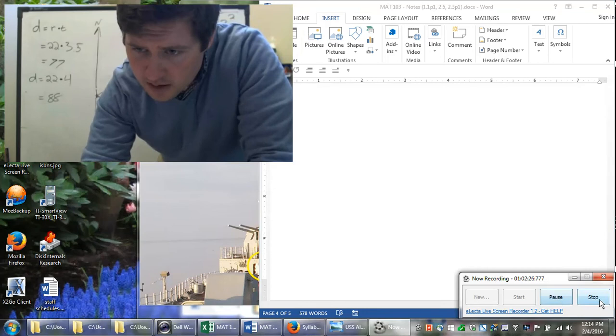Okay, so from that, how do we figure out the last leg? Again, we use that Pythagorean theorem. A squared plus b squared has to equal our unknown side squared. So we'll do 77 squared plus 88 squared has to equal our unknown side squared.